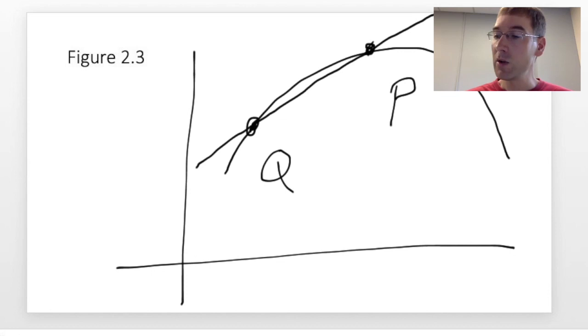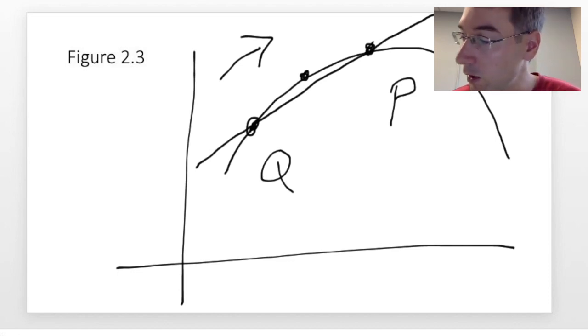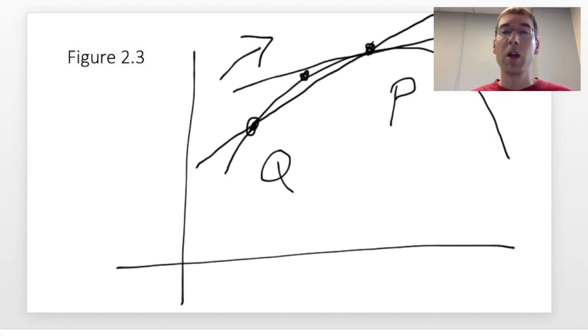And then we'll allow Q to move along the curve towards our point P. So let me draw Q moving to this point right here. Form the secant line, and we'll continue letting Q move closer and closer to P and look at the limiting position of these secant lines. That limiting position is what we define to be the tangent line.